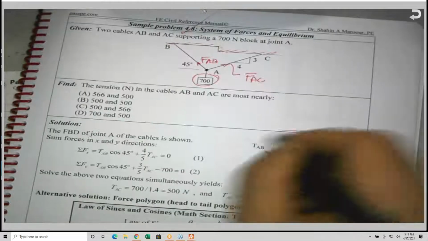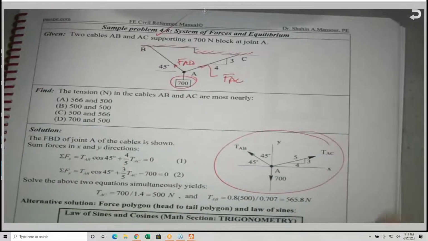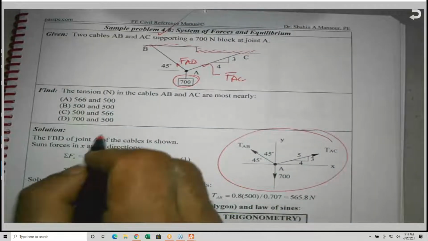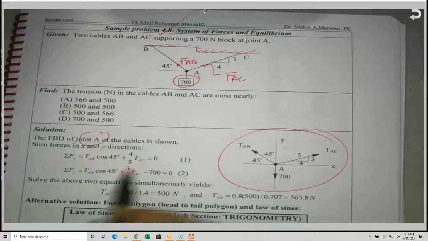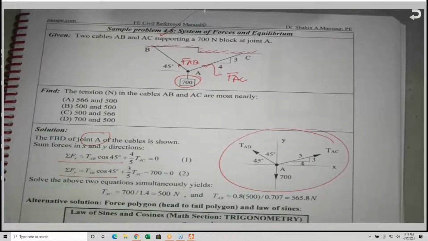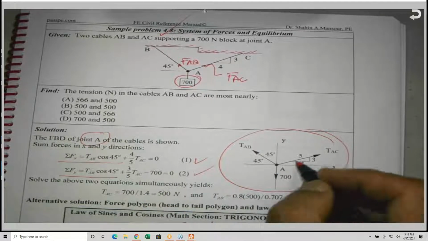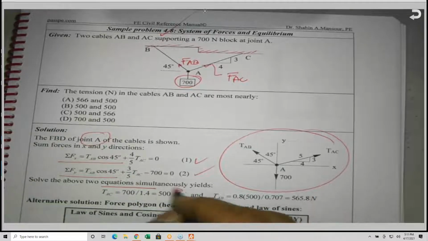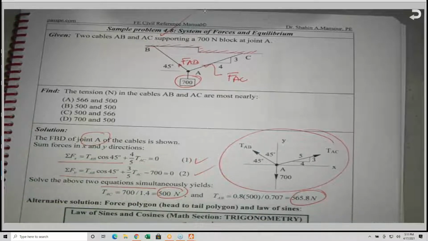So I draw a free body diagram of this joint A, and I have two equations, sigma force X and sigma force Y. Two equations, two unknowns, because I have only two unknowns. Solving these equations simultaneously, you will get the two unknowns.